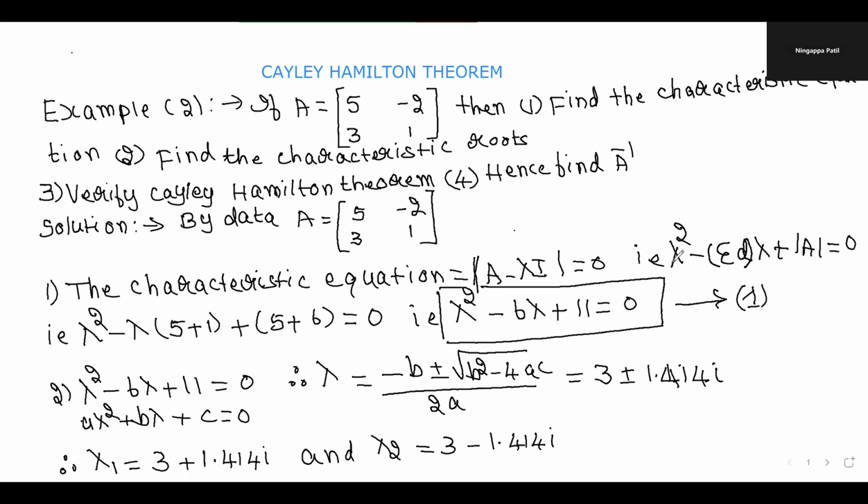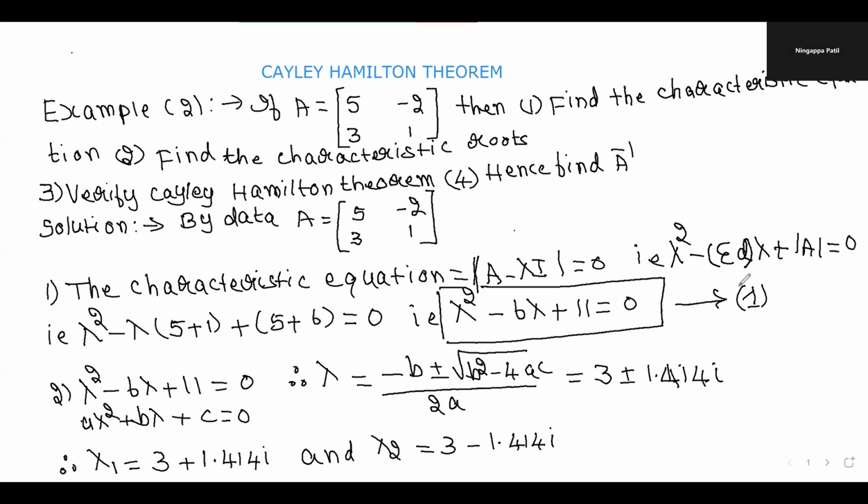This characteristic equation for a 2 by 2 matrix is given by this formula: lambda square minus summation of D into lambda plus determinant of A equal to 0. Summation of D means the summation of diagonal elements, 5 plus 1.